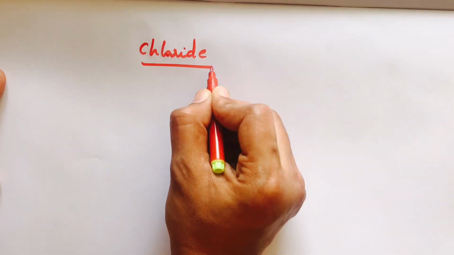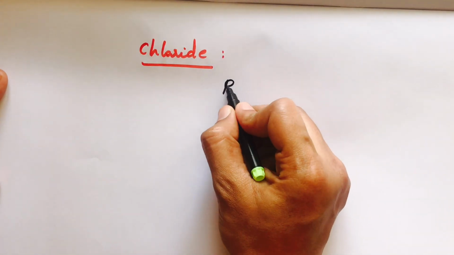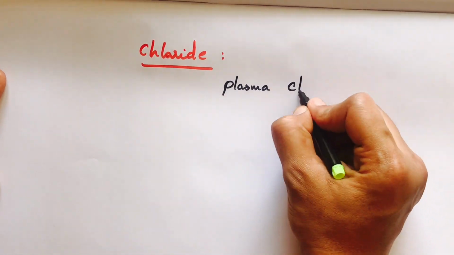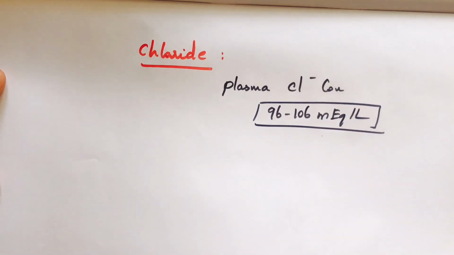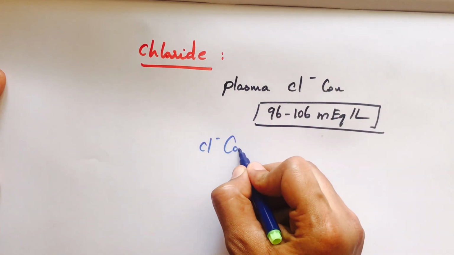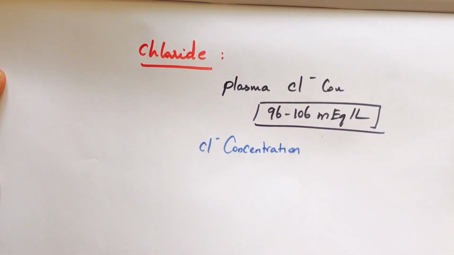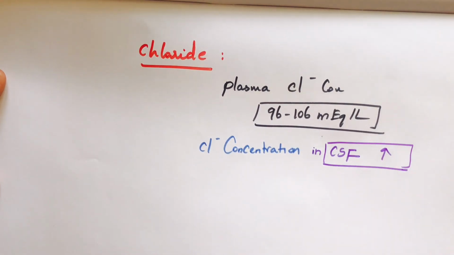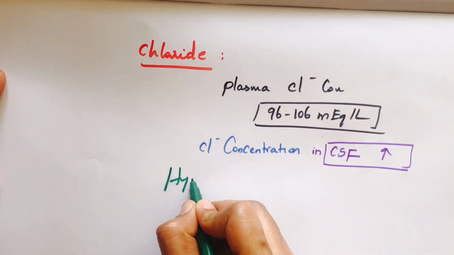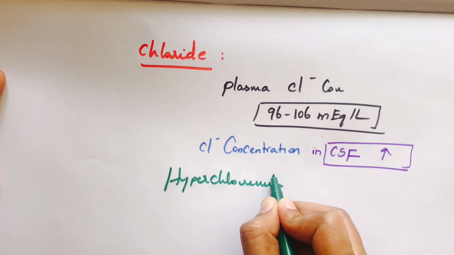Next electrolyte is chloride. What is the plasma chloride concentration? It is 96 to 106 milliequivalents per liter. Chloride concentration is normally more in CSF than in any other body fluids.